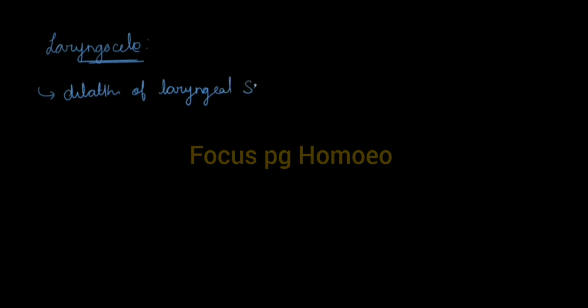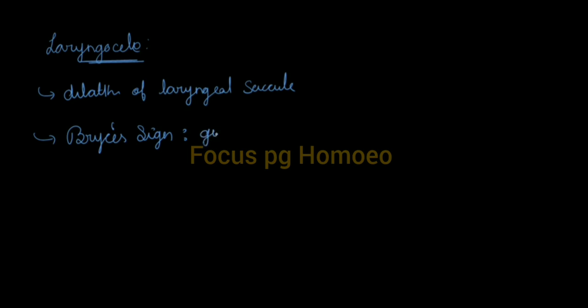Then laryngocele. So with the name you can identify there is some dilatation. So in case of laryngocele there is dilatation of laryngeal saccule, and here comes a sign, that is dry sign.